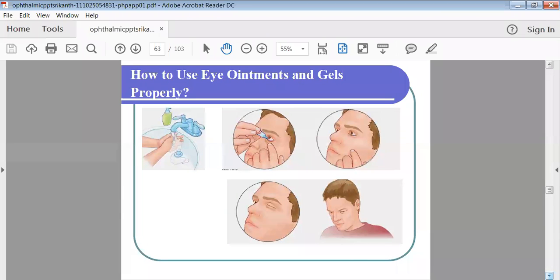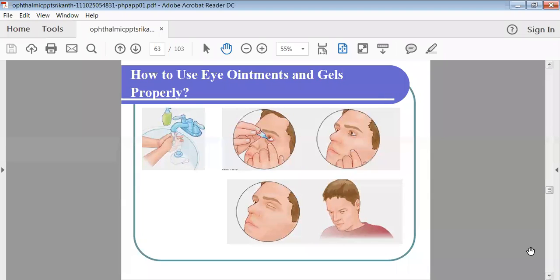Then, how to use ointments as well as gels properly. Generally, when we want to use a gel or ointment for the eye, initially we should sanitize our hands and wash them properly. With one hand we have to stretch the lower eyelid, and with the other hand, press the tube and add 2 or 3 drops, or as per the required dose.